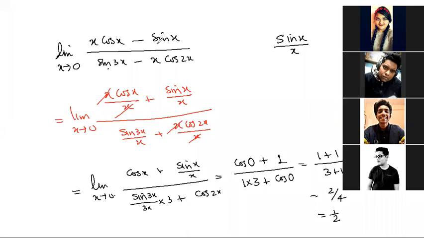Or what you do is divide the whole numerator and denominator by x. That is a better method than multiplying into x. When you need an x here, you can't divide only this. You'll have to divide the whole thing. Do you understand? Yes, sir.